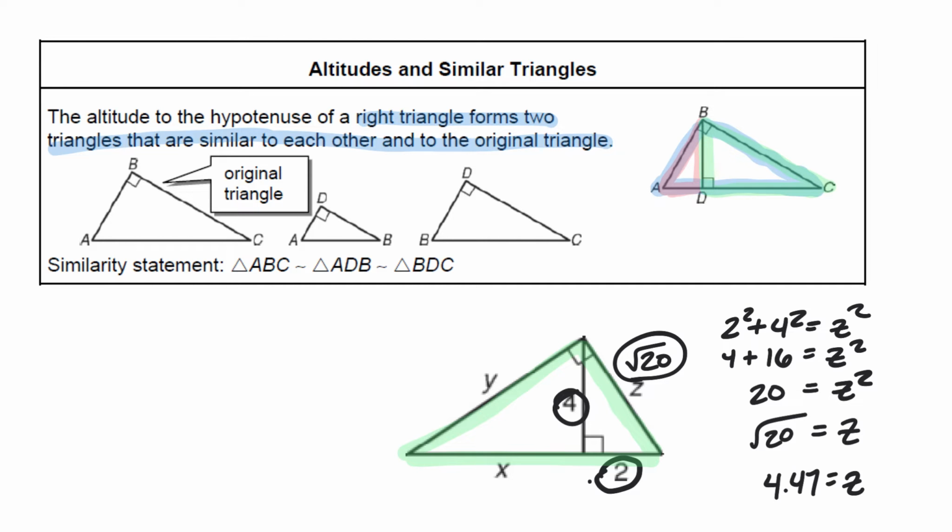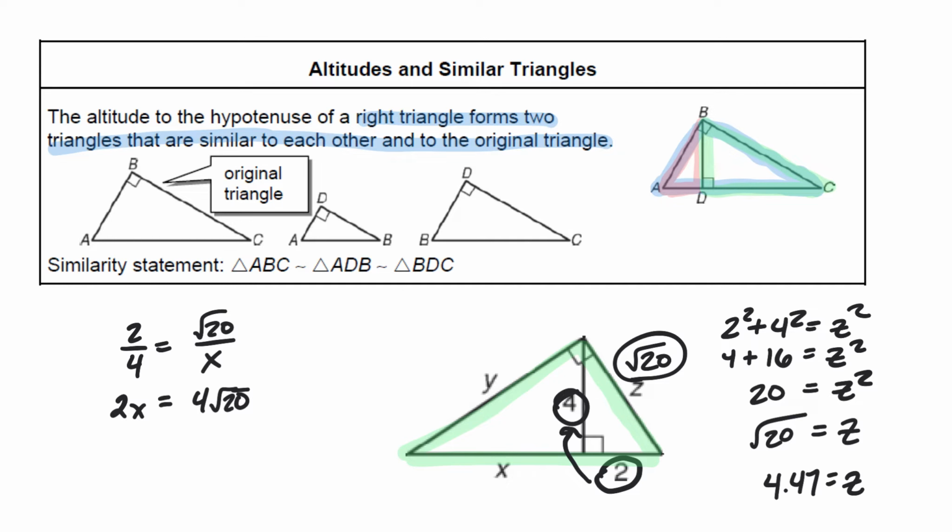And we saw that we had a ratio from small to medium of 2 over 4. So to go from small to medium on the large triangle, it would also be doubled, but we're going to set it up as a proportion today just because some of these numbers you'll want to set up as a proportion. It may not be doubled.